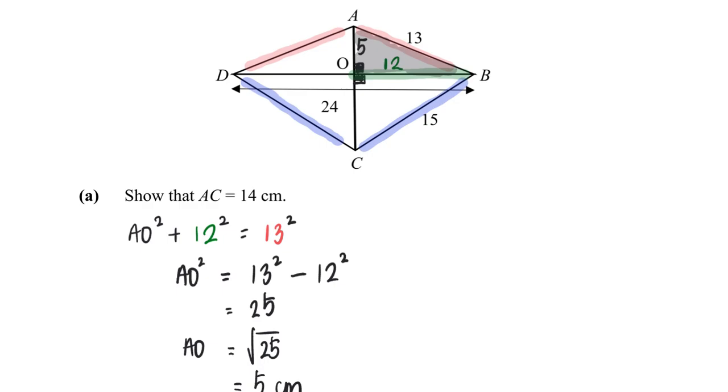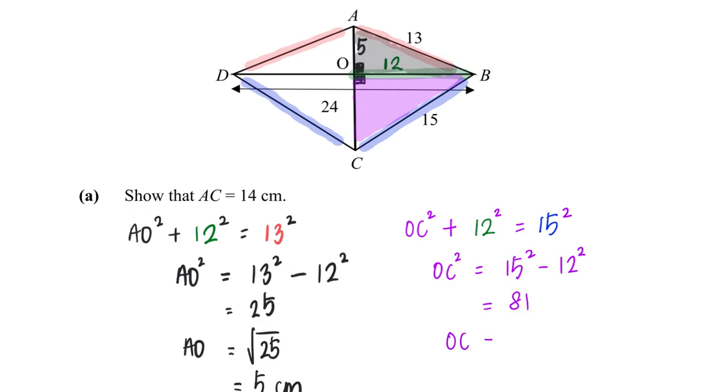Using the same method, now I'm going to focus on my purple color triangle and replicate it. OC square plus 12 square will be equals to 15 square by Pythagoras theorem. So I will be able to get my OC square pretty easily, which will give me 81.